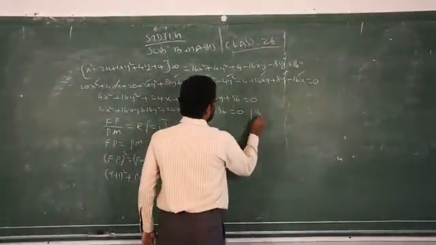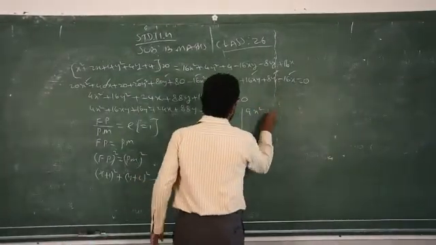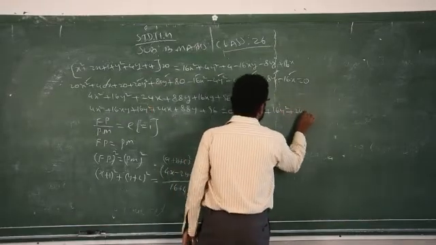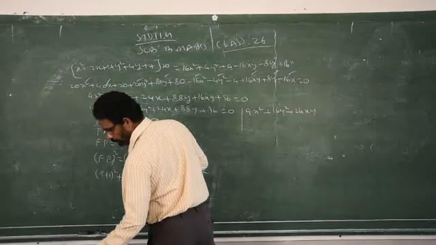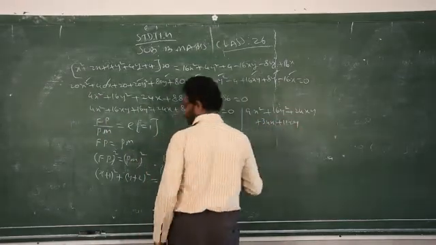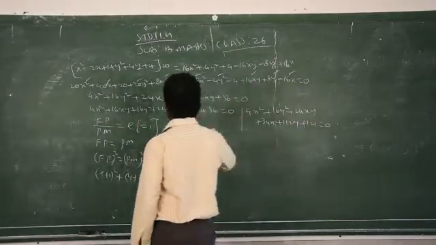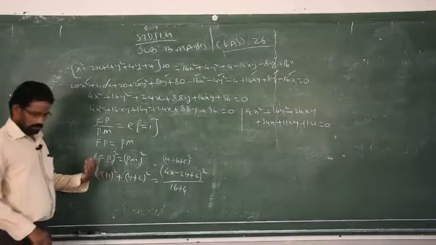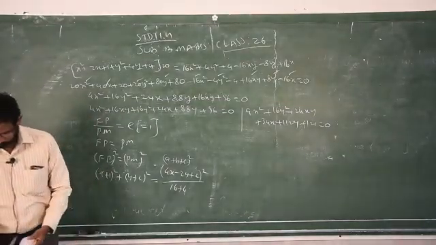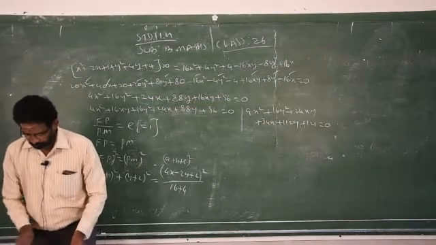In the book it is given 9x square plus 16y square plus 24xy plus 34x plus 112y plus 121 is equal to 0. It is given. But I got different answers. So you have to check. We will check.